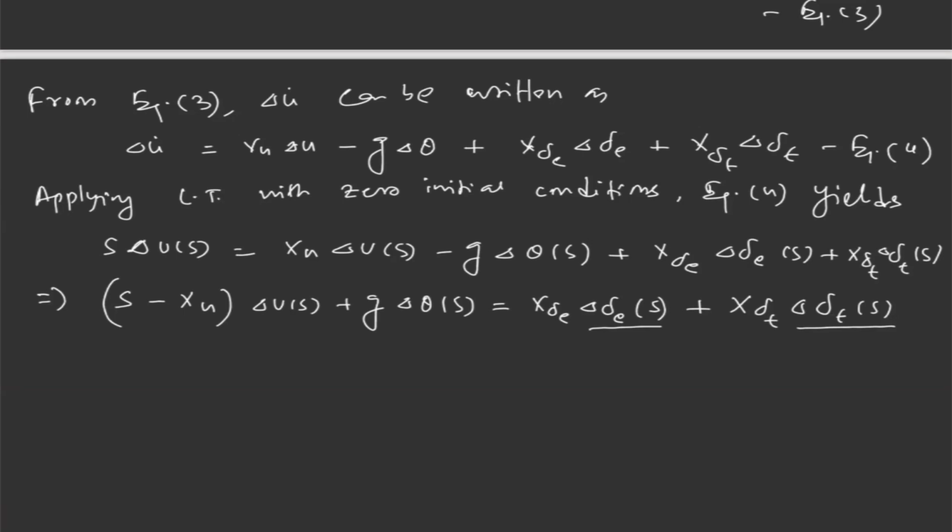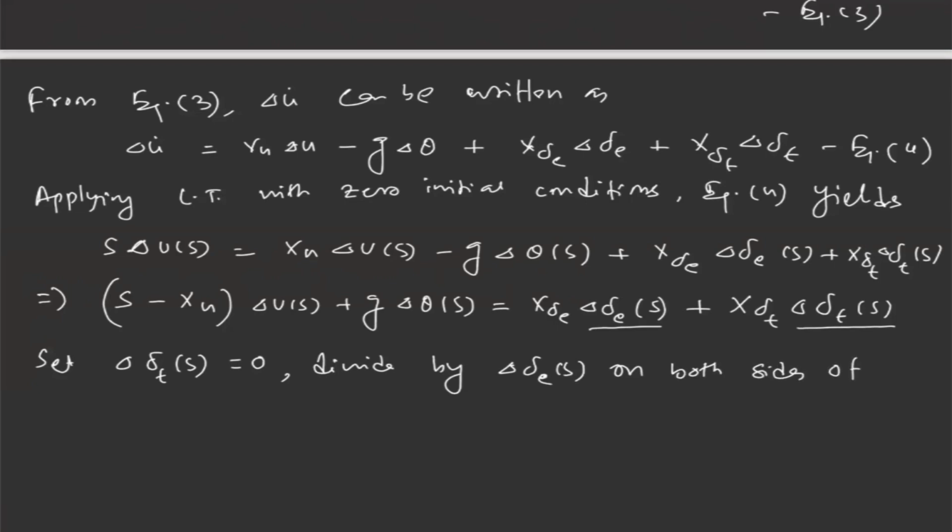So here what we will do is set delta_T(S) equal to 0 and divide by delta_E(S) on both sides of the above equation.